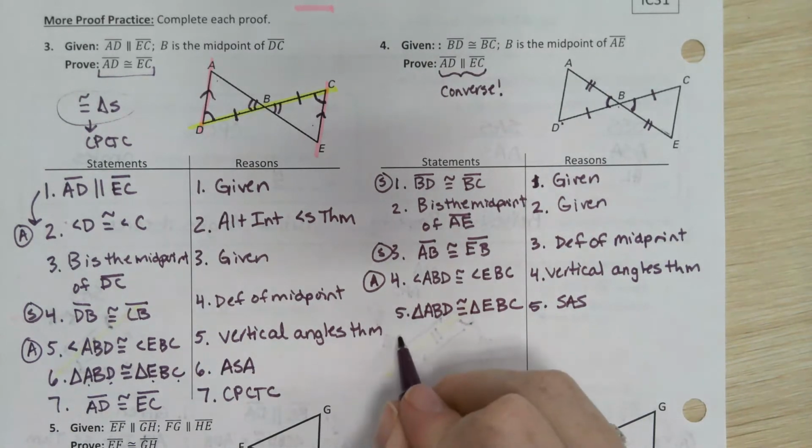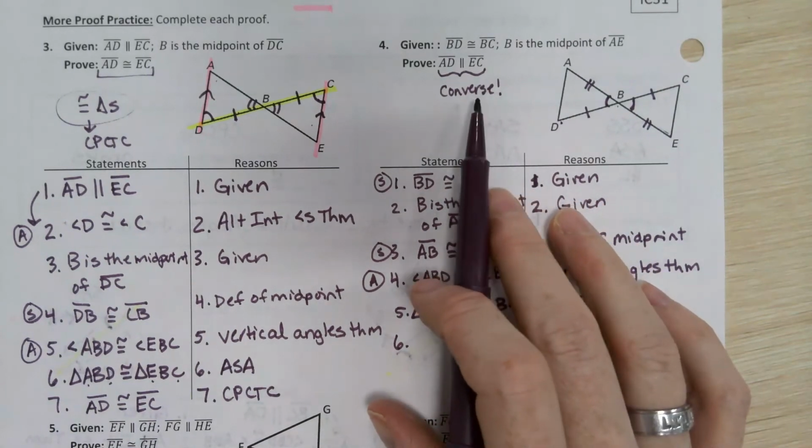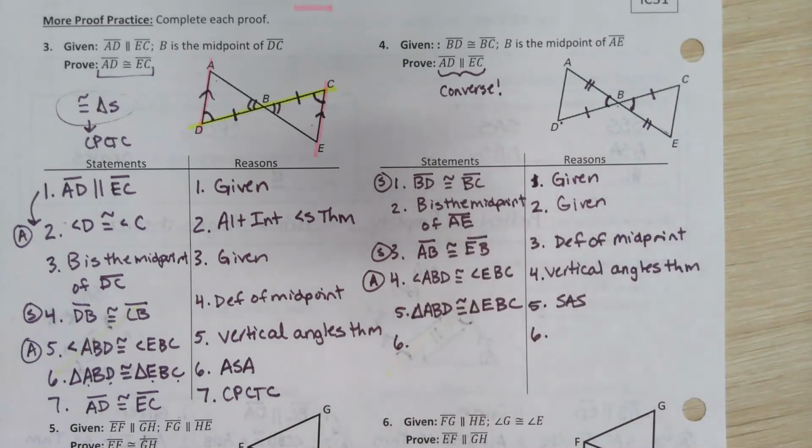Okay, now let's think. Our goal was to get to a converse. So if we think back to our previous proofs, all of the converses said if some kind of angle is congruent or supplementary, then lines are parallel.